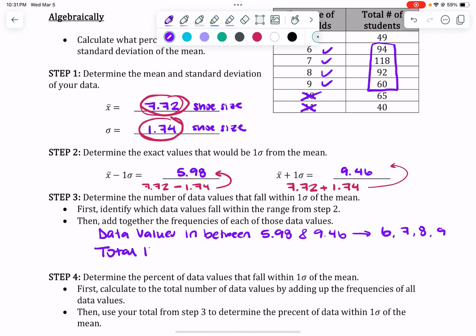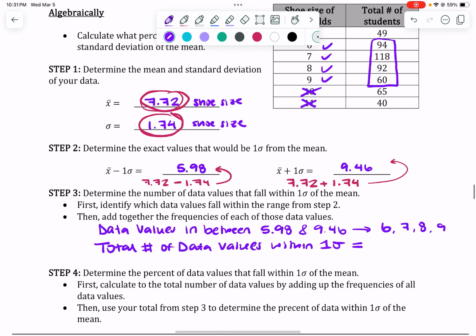So the total number of data values within that one standard deviation is the sum of all of their frequencies. So I'm adding 94, I'm adding 118, I'm adding 92, and I'm adding 60.